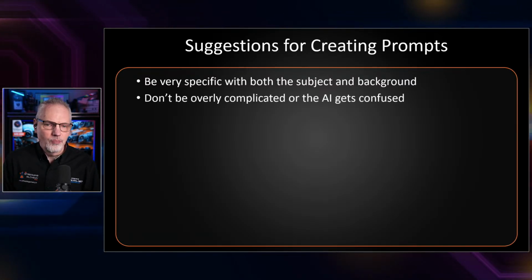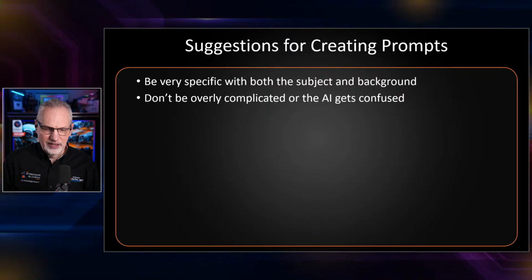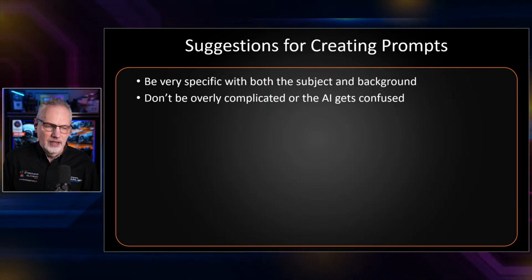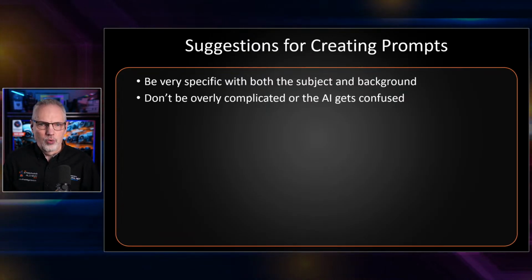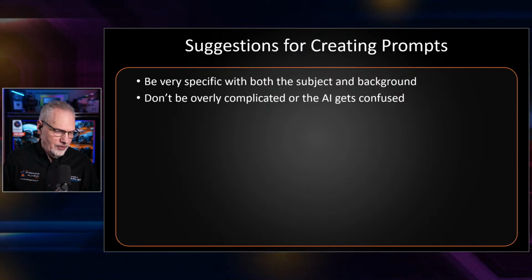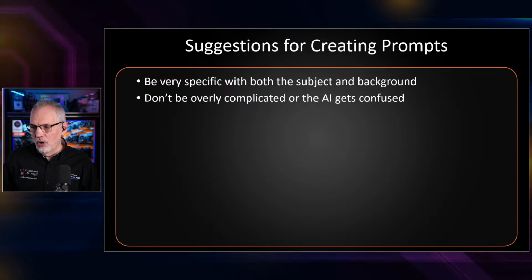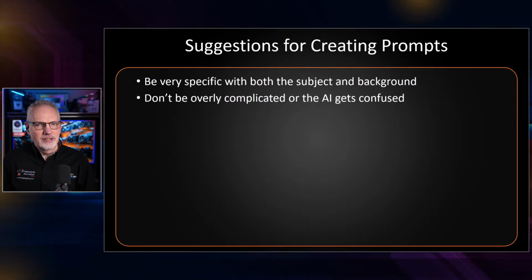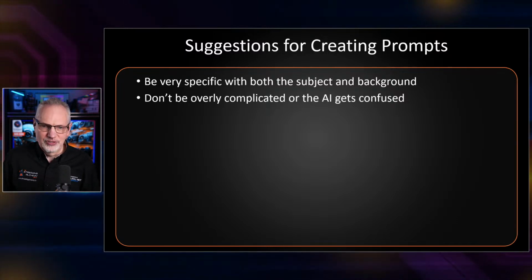The other thing is, don't be overly complicated. And the reason I say this: you can be very detailed, but if you ask it to do a lot of different things that require interpretation, you can end up confusing the AI or creating conflicting messages to it, where you don't see them as conflicting.